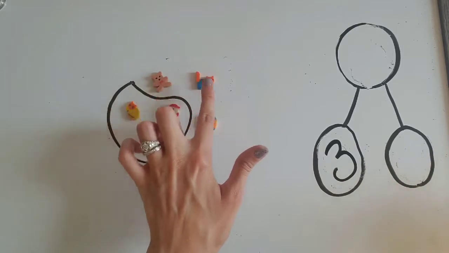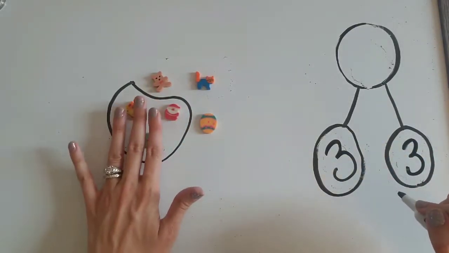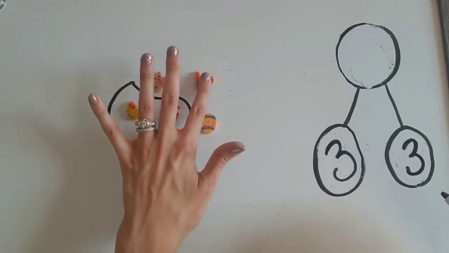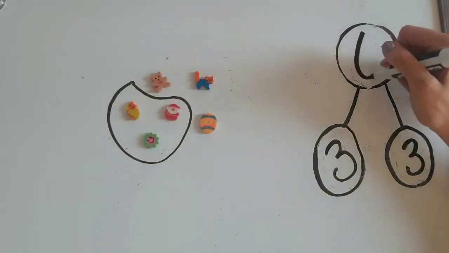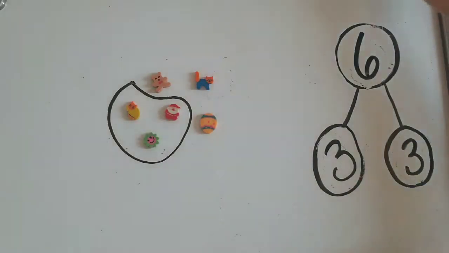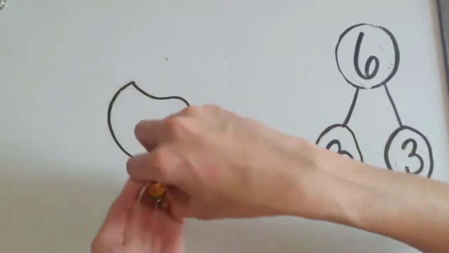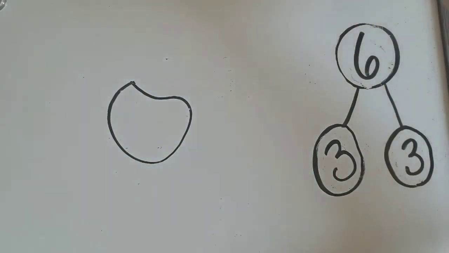And then I have 1, 2, 3 outside of it. 3, 4, 5, 6. Good. All right, we're going to move those counters out of the way. Move on to our picture.